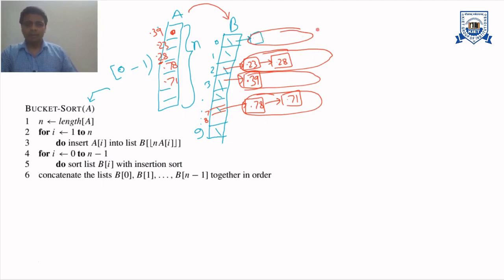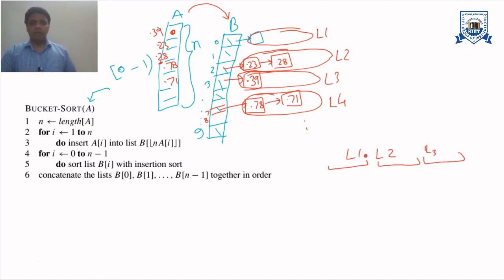Once we perform all the sorting on each bucket individually, we simply concatenate all the lists. Say this is L1, this is L2, this is L3, this is L4, and so on. After performing sorting on L1, we first write down all the elements of L1, then all the elements of L2, then all the values of L3.